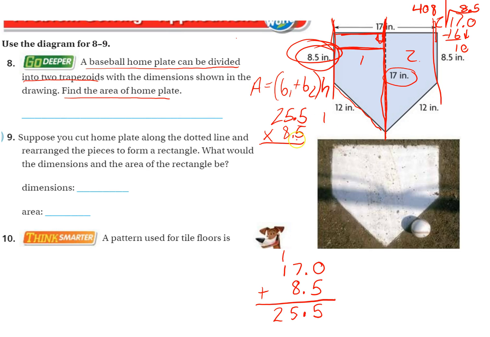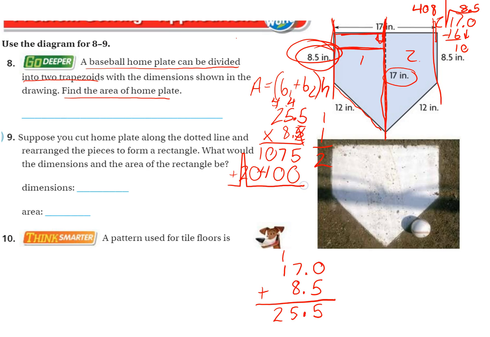I have one number behind the decimal here, one number behind the decimal here, a total of 2 numbers behind the decimal. And now I just multiply. 5 times 5 is 25. 5 times 5 is still 25, plus 2 is 27. 5 times 2 is 10, plus 2 is 12. Kiss that 5 goodbye. Hug it out. No offense, 5. Clear this up. 8 times 5 is 40. 8 times 5 is still 40, plus 4 is 44. 8 times 2 is 16, plus 4 is 20.